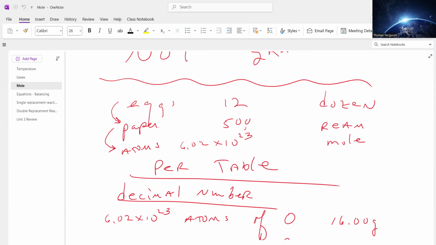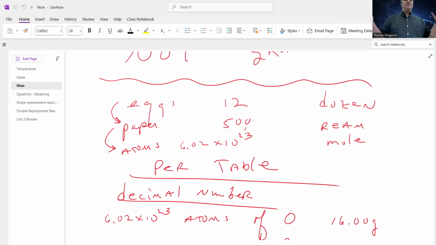Look how big that number is when we're dealing with atoms and molecules. And when you get into physics, it'll be electrons. 6.02 times 10 to the 23rd. That's a big freaking number. That's 6 with 23 zeros after it. That tells you how small atoms and molecules are.